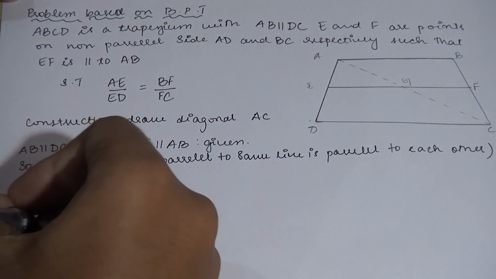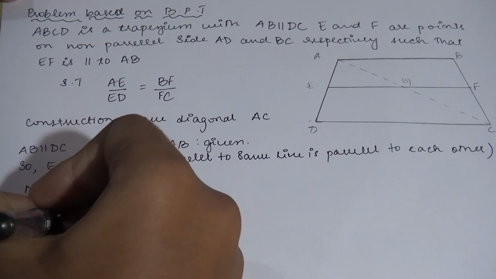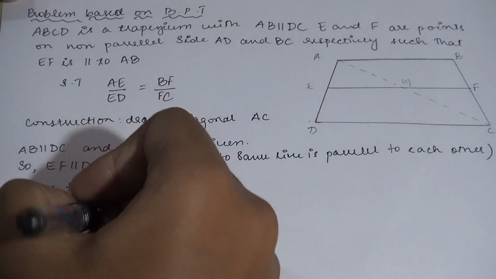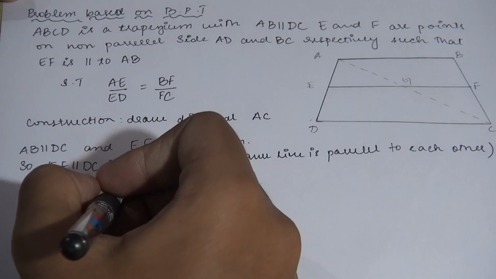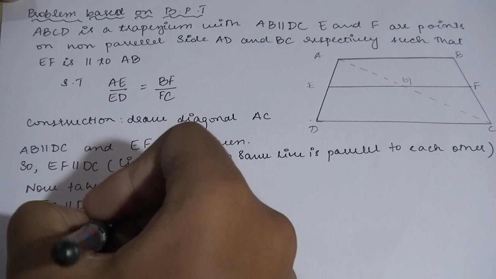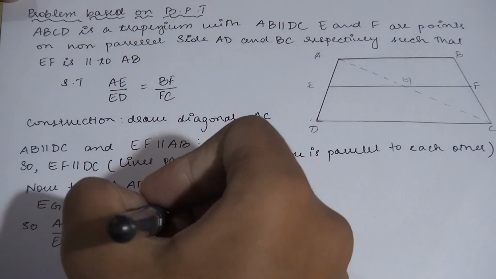So AE by ED is equal to AG by GC using BPT.